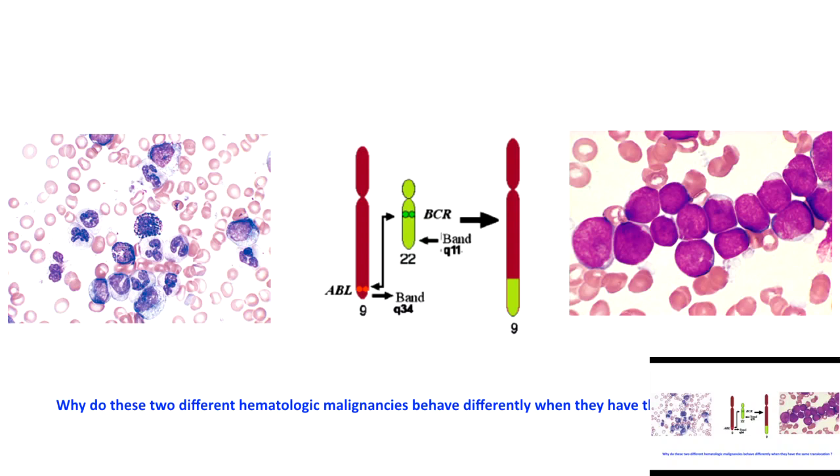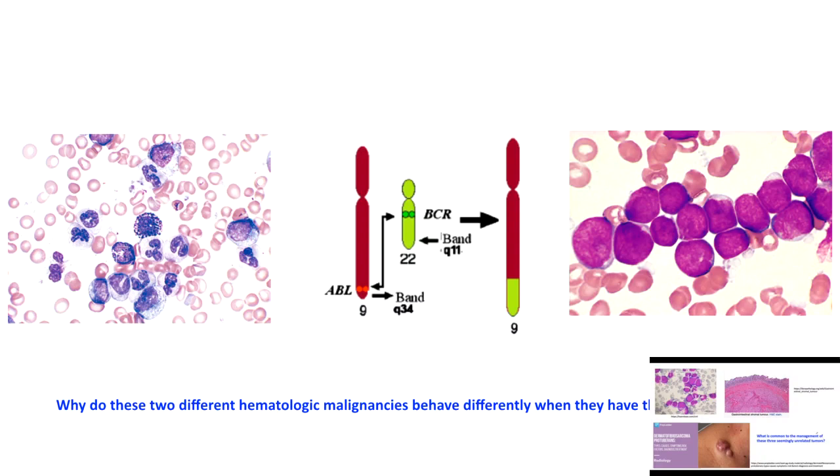Interestingly, when there is the Philadelphia translocation, in CML it is associated with a generally good prognosis. But in ALL it is specifically associated with a bad prognosis. So that begs the question, why? Why does the same translocation lead to different outcomes? That was one of the questions.